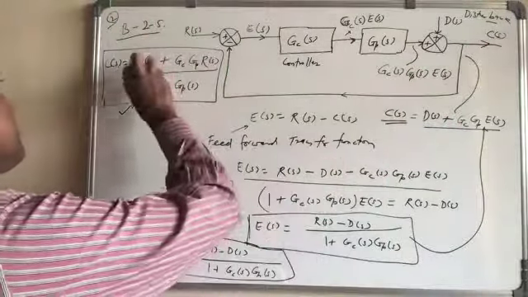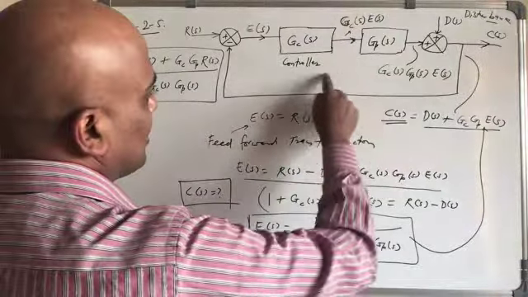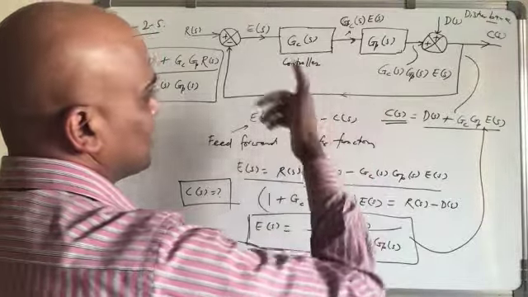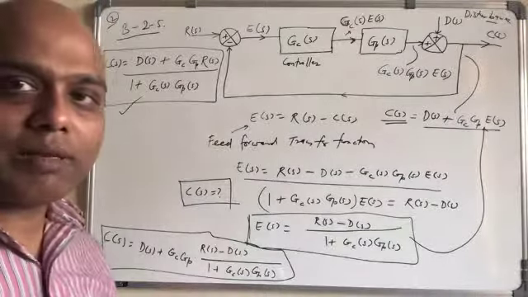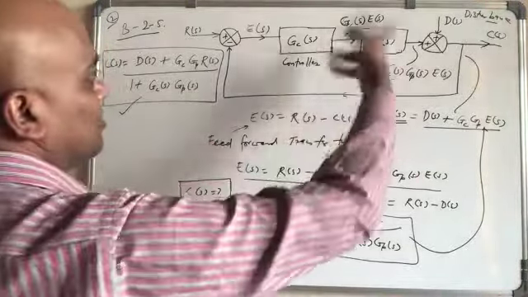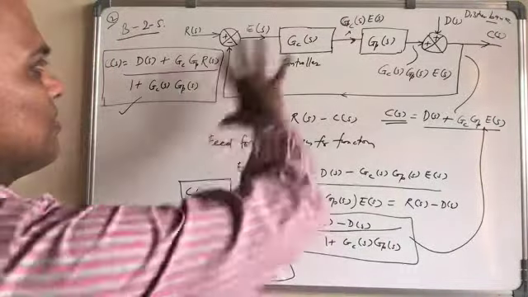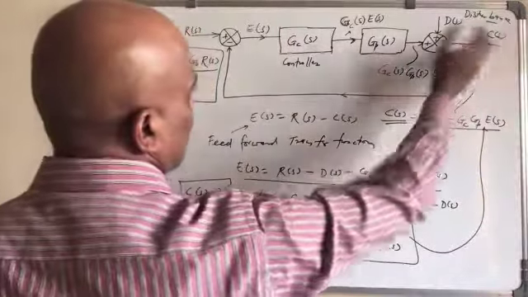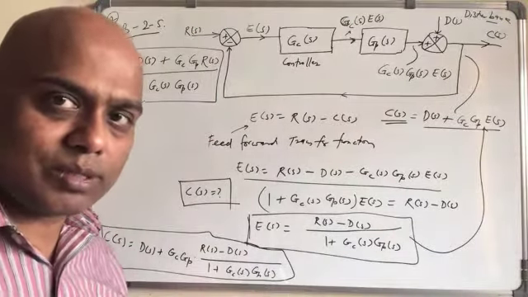I may give some value, or change something there, maybe include some gain or transfer function in the feedback. Accordingly you have to find out the expression of CS in terms of all of them. So this is the idea of this chapter basically: summing up things together, finding out one as a function of others, and so on. Yeah, so this is what chapter 2 is.